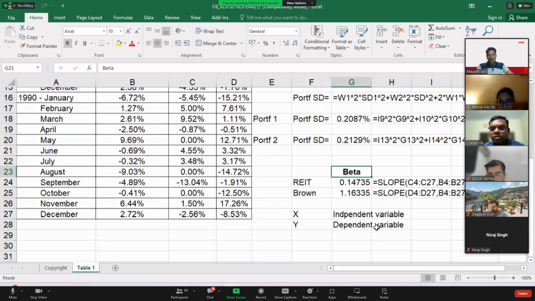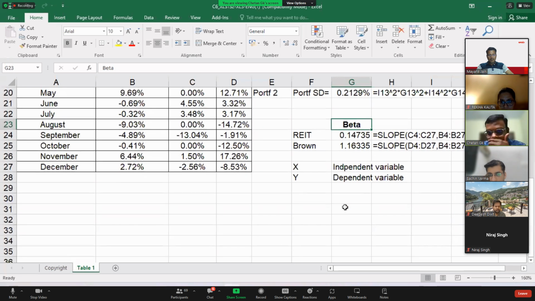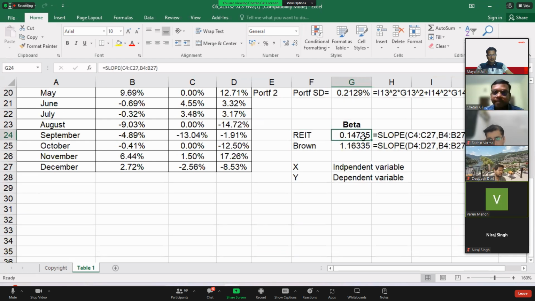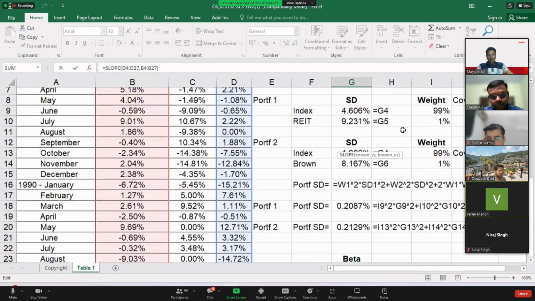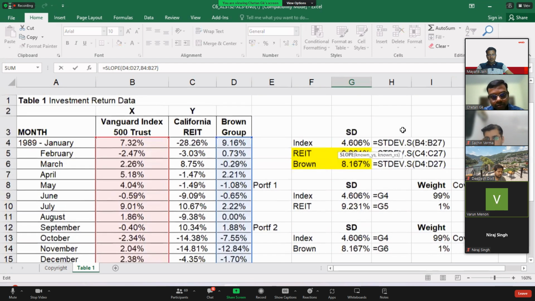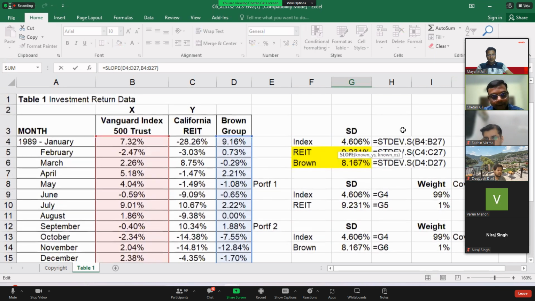Okay, so the next question is how to actually interpret these values, because anybody can compute this, or many times this beta value can just be downloaded from any internet website.